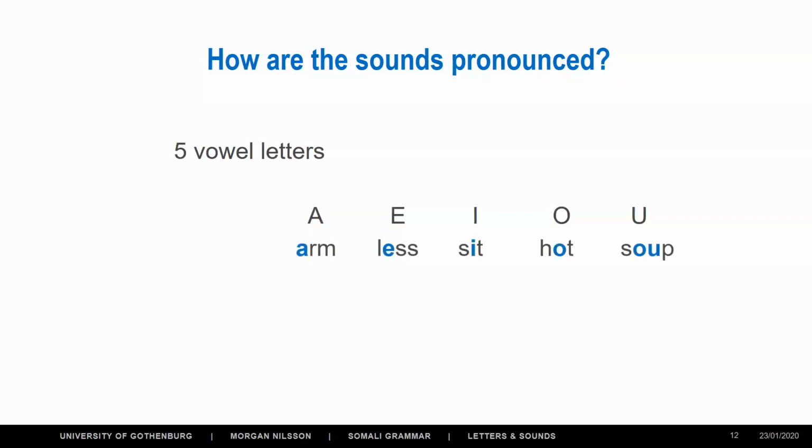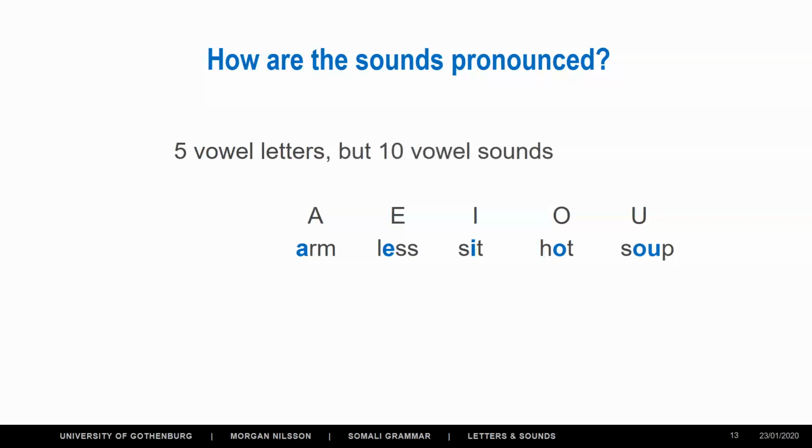And the basic pronunciation of these 5 vowel letters in Somali is quite similar to the English arm, less, sit, hot, and soup.